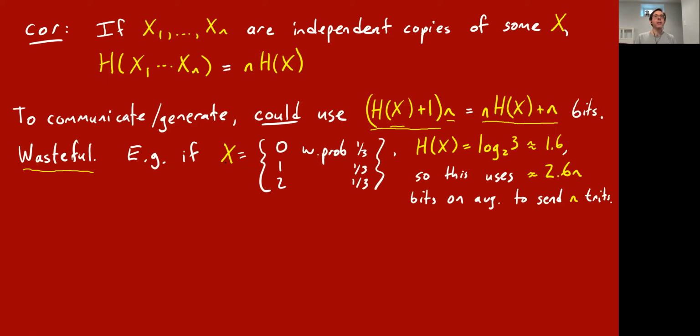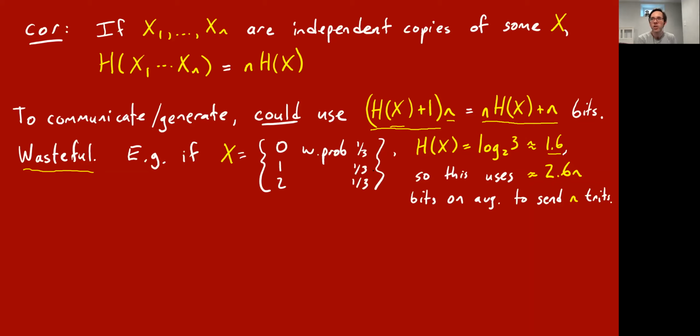So as an example, let's say x is a uniformly random trit. It's 0 with probability a third, 1 with probability a third, and 2 with probability a third. So the entropy of that random variable is about 1.6 bits, log base 2 of 3. You can check. And so this scheme that I mentioned here basically uses 2.6 bits on average per trit. It would encode 0 with heads, 1 with tails-heads, and 2 with tails-tails, or something like that.